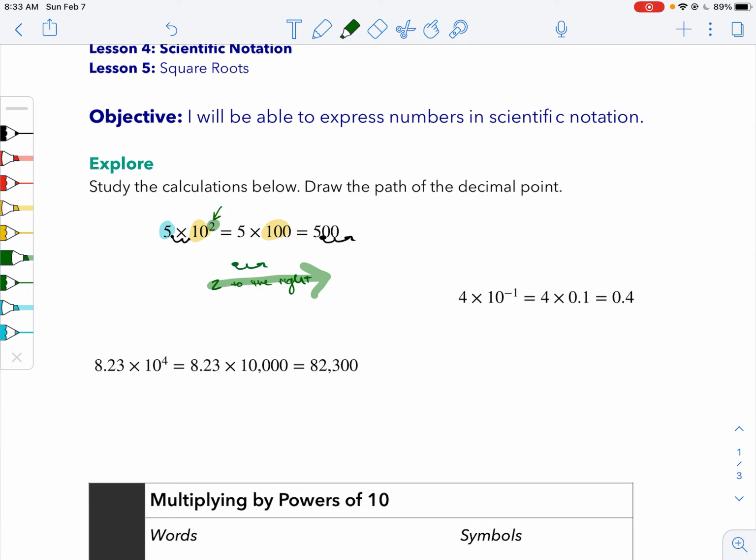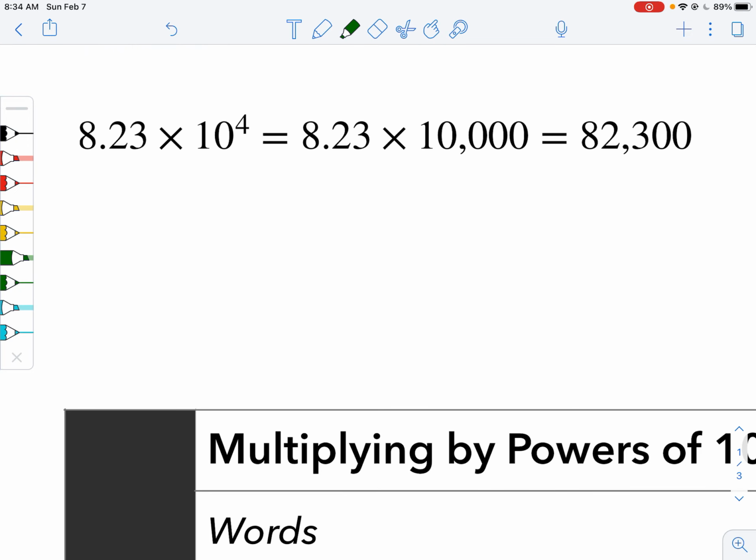Now let's look at this guy. We've got another positive exponent up here. That's a positive 4. And when we multiply times 10 to the 4th, which is 10,000, also notice there's 1, 2, 3, 4 zeros. That's no coincidence.